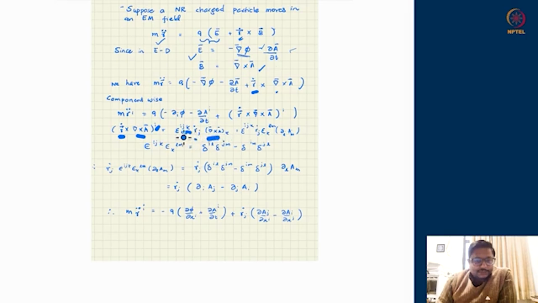This is the first vector, which is r dot, its index will become j, and the third vector is curl of A, its index will become k.